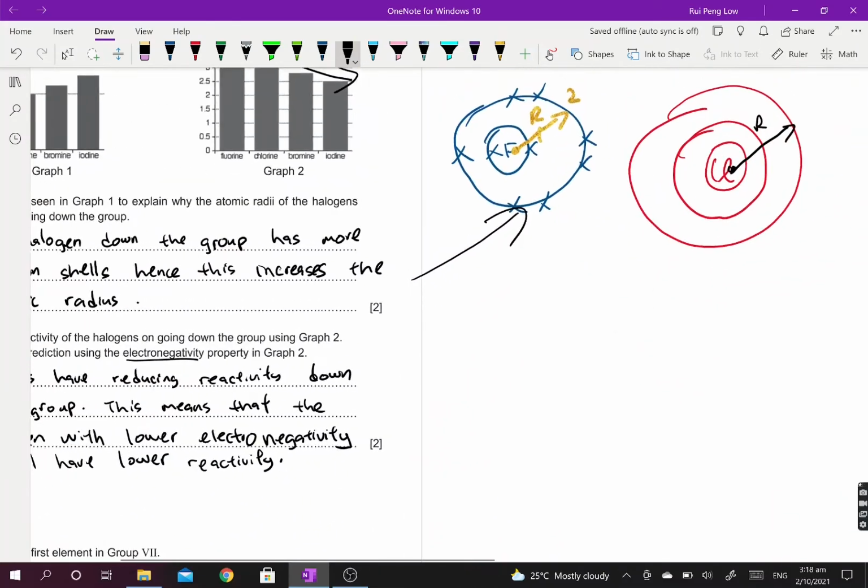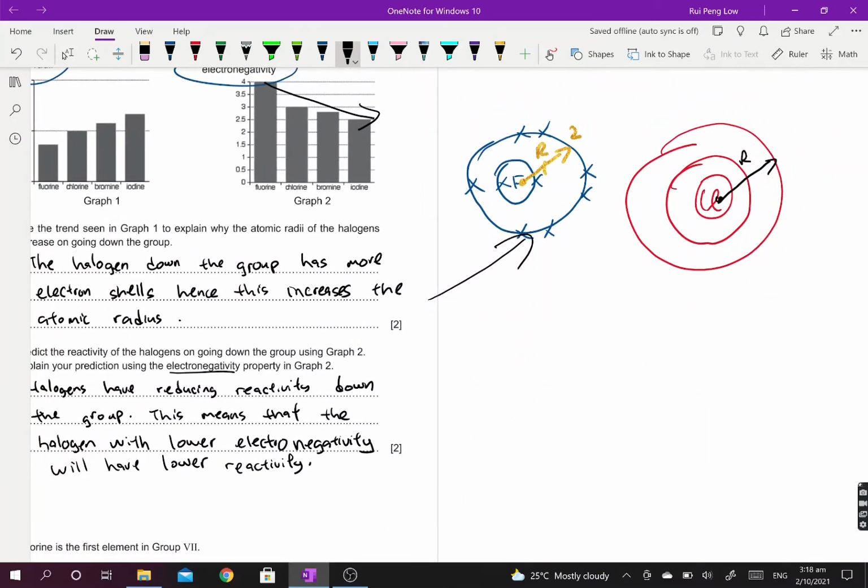So how do chemical reactions occur? For instance, how do you form NaCl?